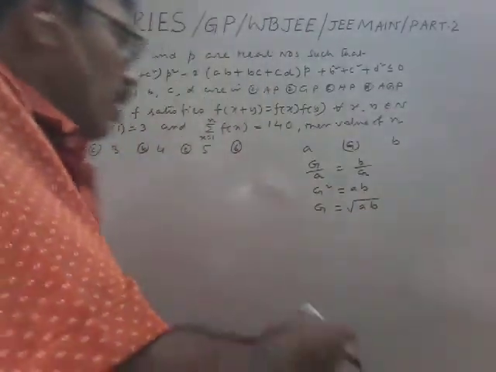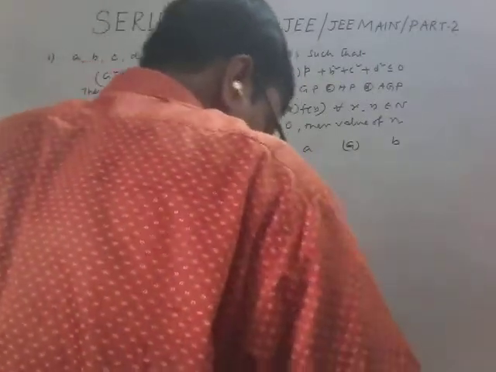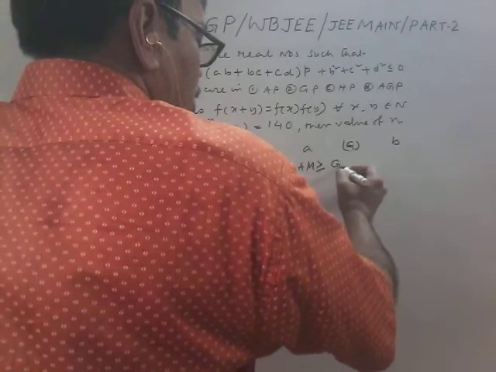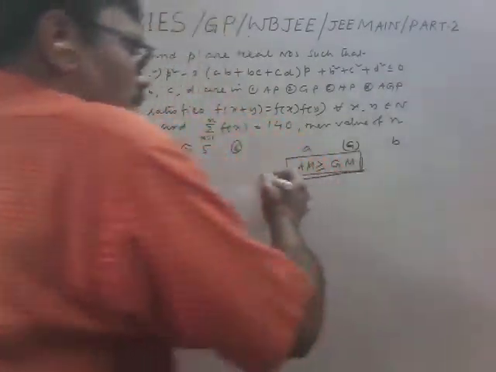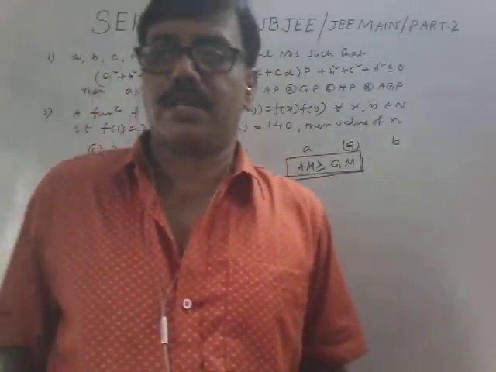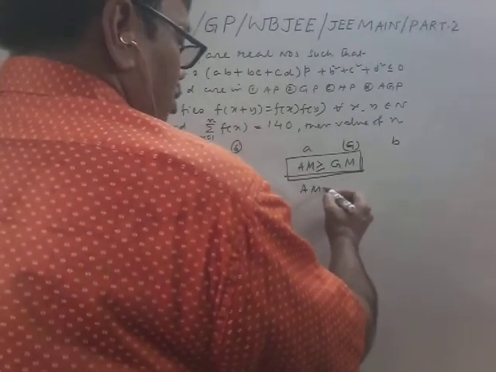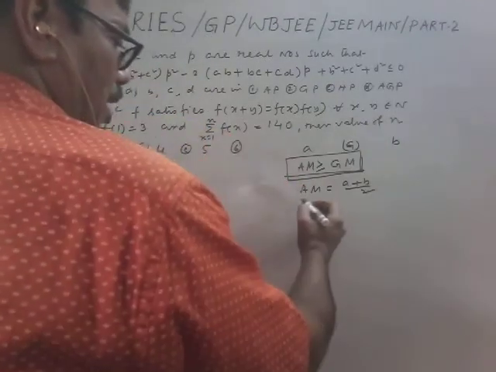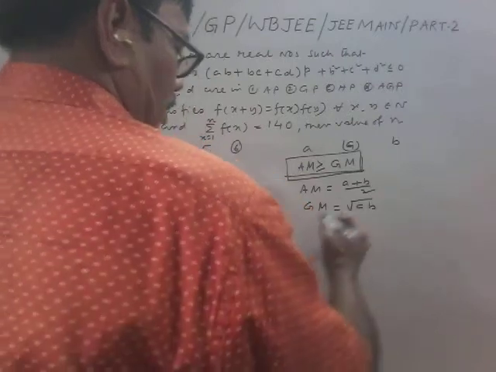Now, a remarkable result: AM is greater than or equal to GM. Using this result, we can prove the minimum value of a function. AM equals A plus B by 2. Obviously A and B are real. So what is GM? Root over AB.